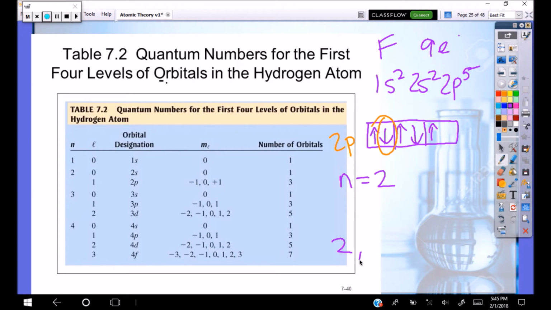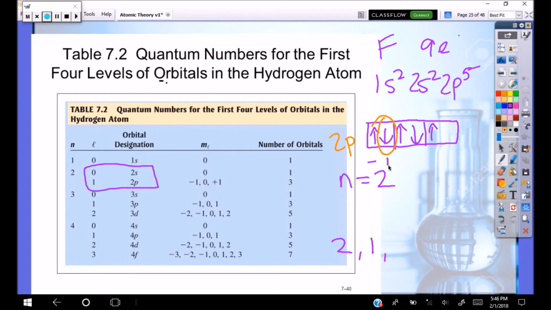Then I do a comma. Then I have to identify which orbital it's in. It's in a p orbital. If I look over here, p is assigned a value of 1. So 2, 1, and then another comma. I know that my m sub l, I have to assign that to my box.